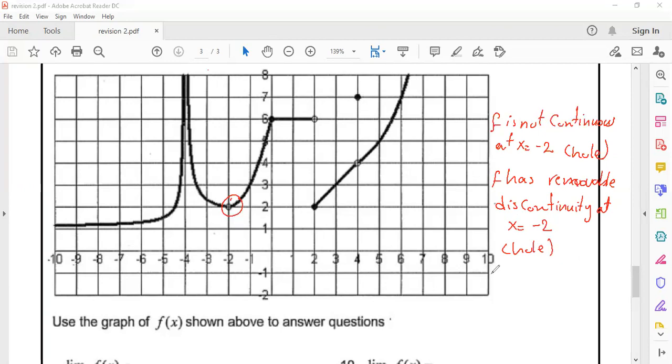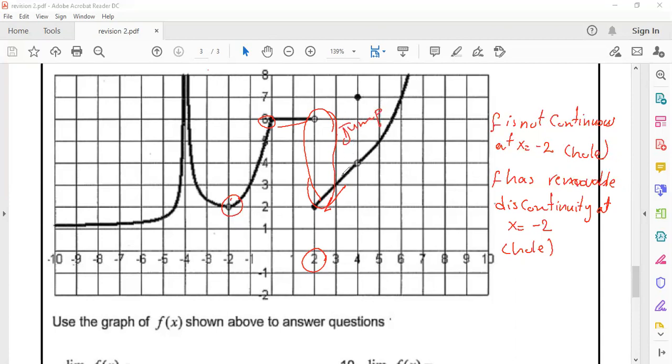As I told you before, we have two types of discontinuity. Removable discontinuity at a hole or gap. Non-removable at a jump or at unbounded behavior. For example, at x equal 2, x approaches from the left and from the right to different values. Is the function continuous or not continuous at 2? It is not continuous because it has a jump.